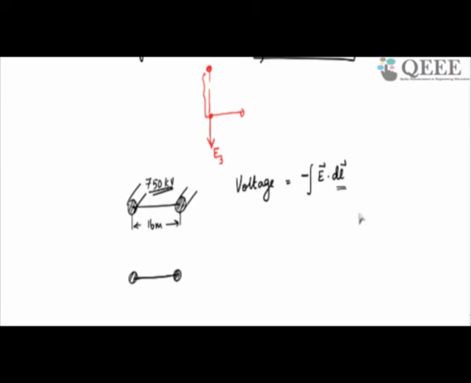Now, potential is the work done per unit charge to move from infinity to that point, or potential difference is the work done in moving a unit charge from one point to the other. So, it simply says that if you want to move a unit charge from this point to this point, you need to do a work which corresponds to 750 kilovolt. So, the path that I am talking about is this. The dl that I have to look at is an elemental length like this.